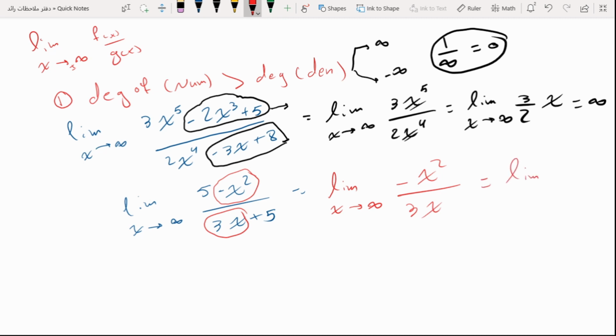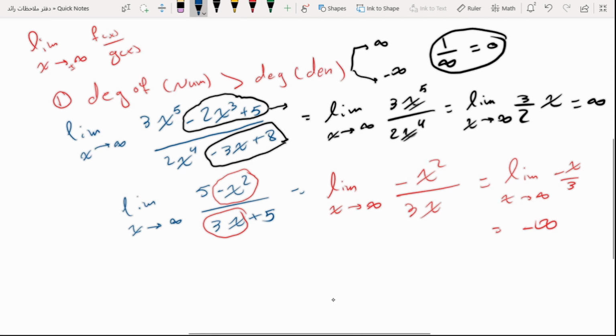Simplifying limit x approaches to infinity negative x over 3 which is negative infinity. طبعا it is not necessary if the limit approaches to negative infinity the answer will be negative infinity.